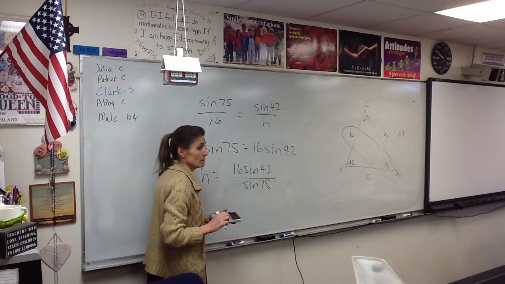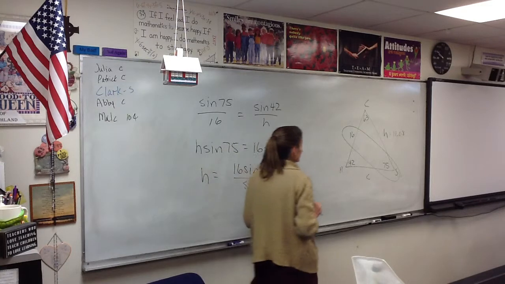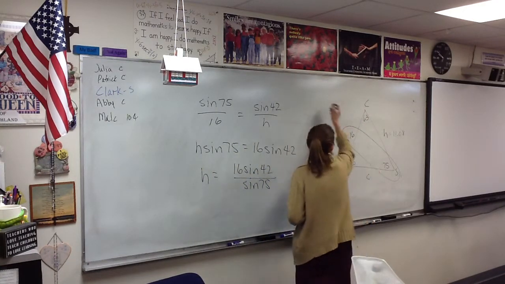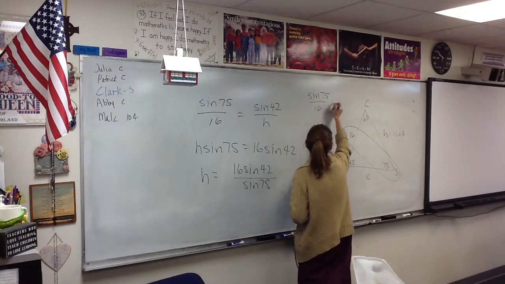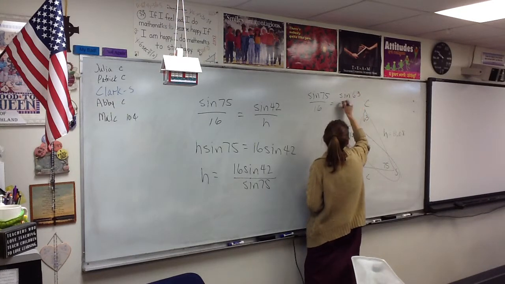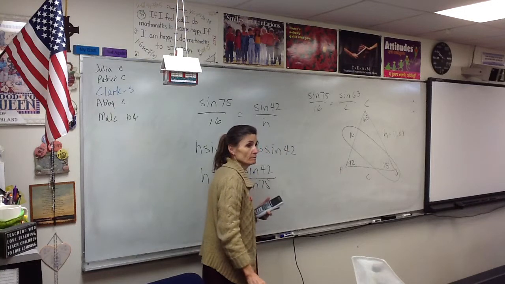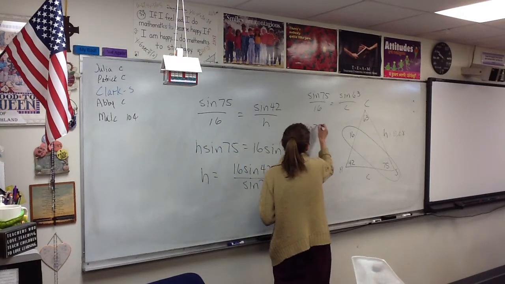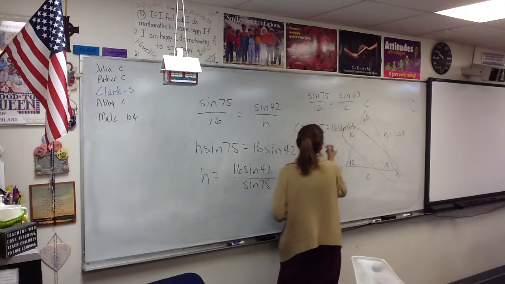Now, we aren't done, though, are we? So now we're going to do exactly the same thing, only this time we'll use this pair. So we'll say sine 75 over 16 equals sine 63 over c. And then we'll multiply. So c sine 75 equals 16 sine 63.